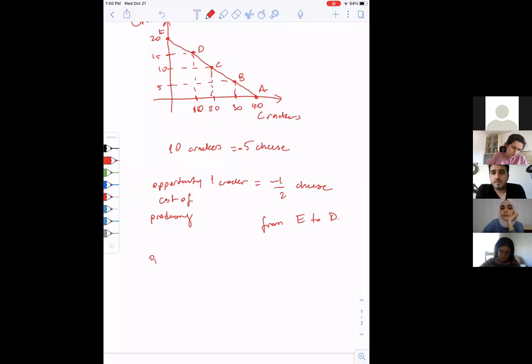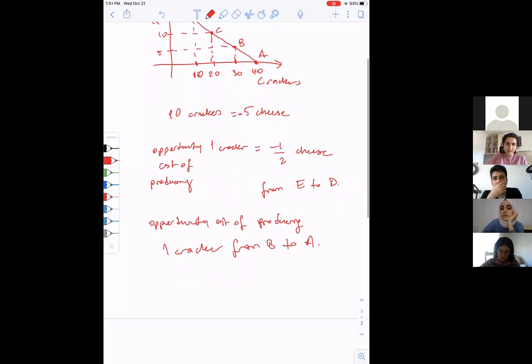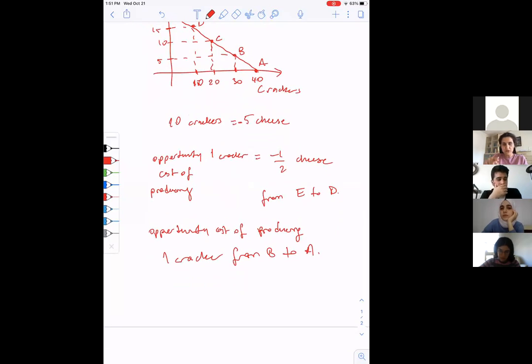Okay, the opportunity cost of producing one cracker from B to A. In order to produce 10 more crackers, this country needs to decrease the amount of cheese by 5.